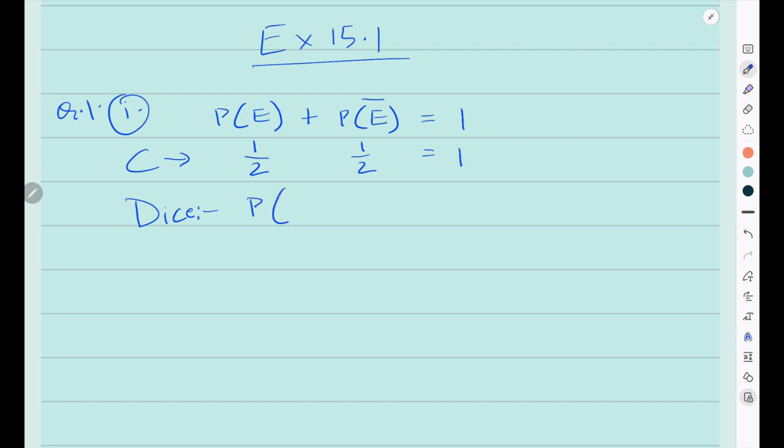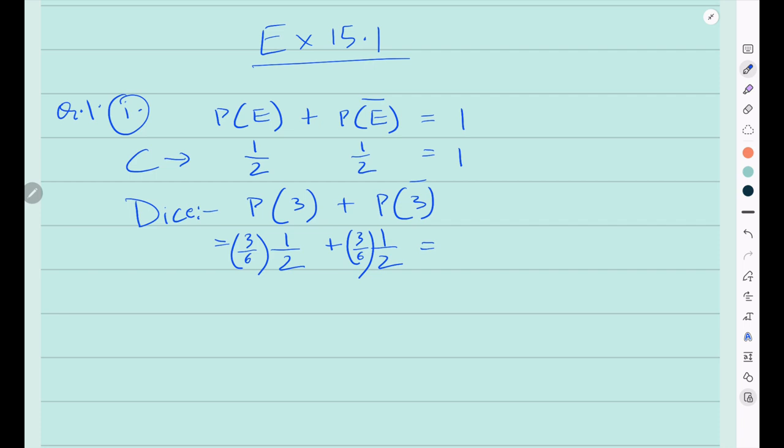What is the probability of getting 3? Probability of getting 3 plus probability of not getting 3. So probability of getting 3 is 1 by 2 or maybe 3 by 6 or something.